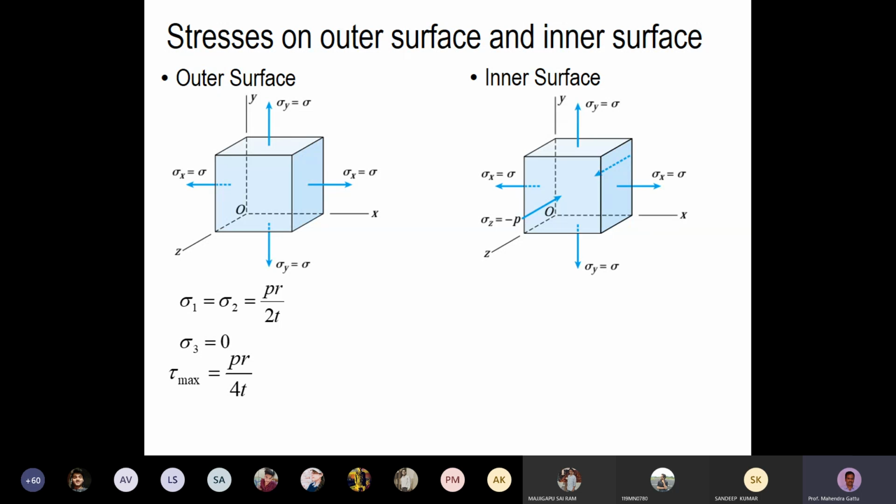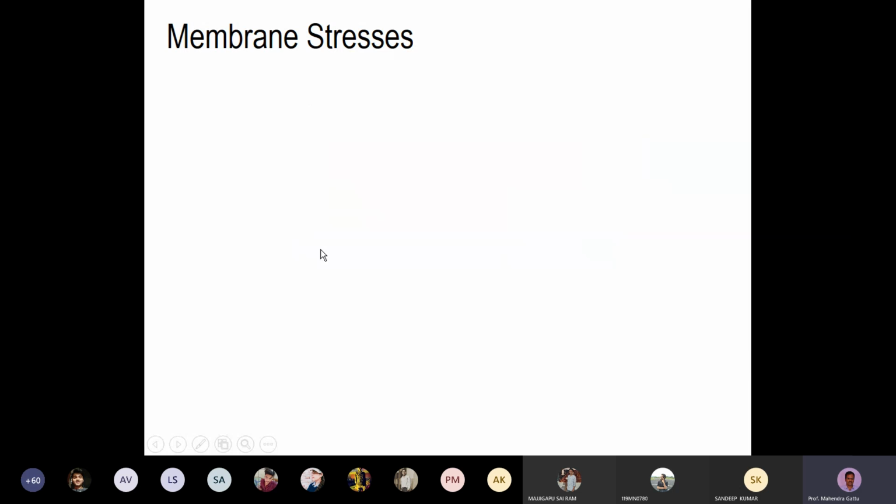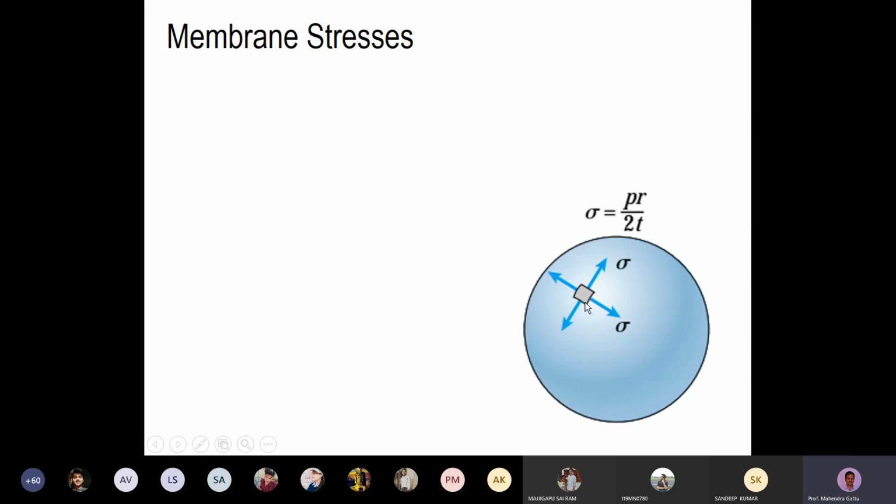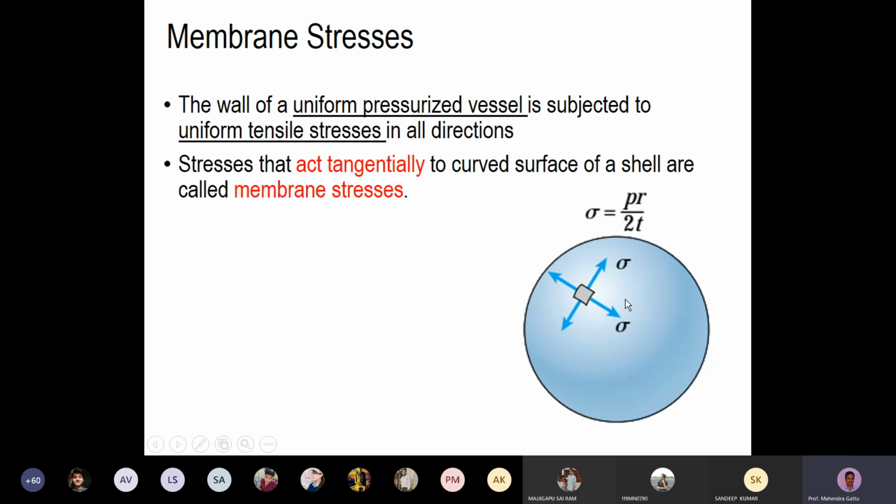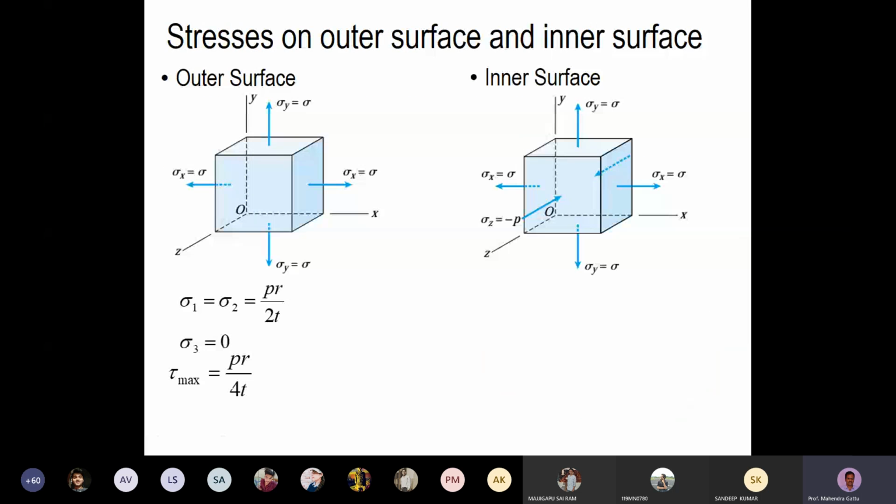So if you consider any plane, there are no shear stresses. For this specific case, there will be no shear stress. If you rotate in any way, there are no shear stresses. Okay, so that is what we have in this one.